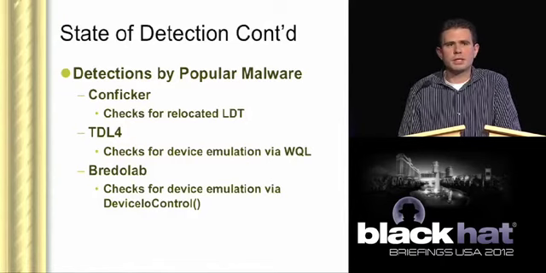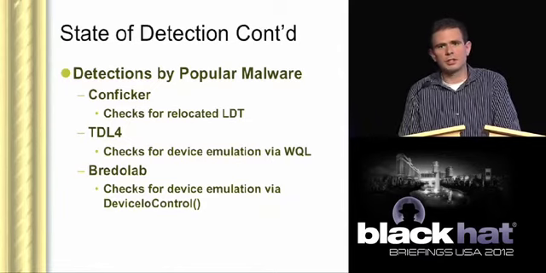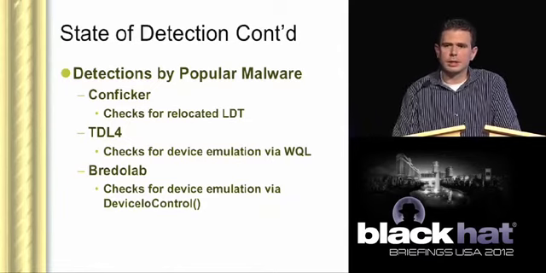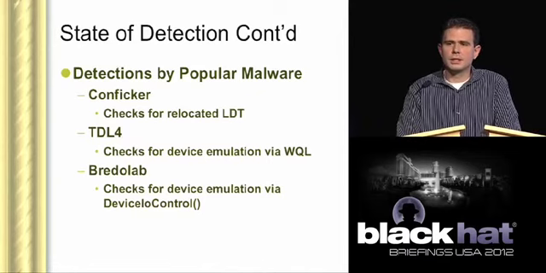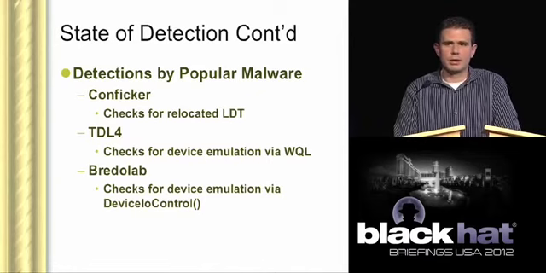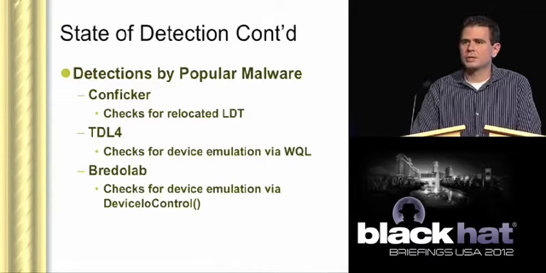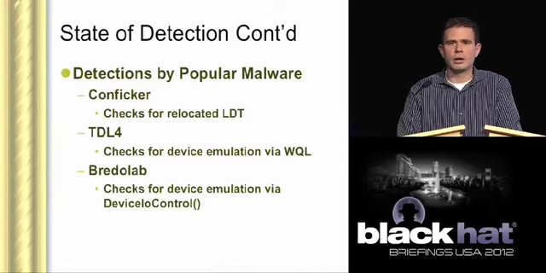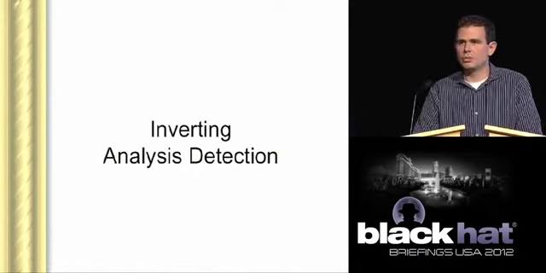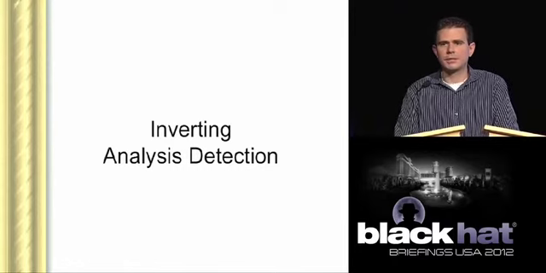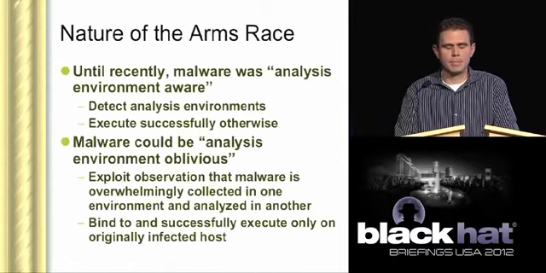So what we've seen thus far, as a function of considering that we could actually invert the detection model, is that until recently, malware was environment analysis aware. It would look for a variety of virtualization containers or analysis environments, and in the absence of successful detections for those items, it would assume that it is not in an analysis environment and execute successfully.